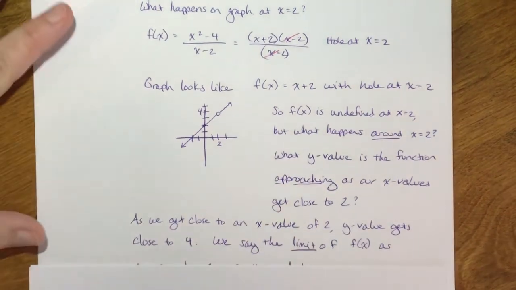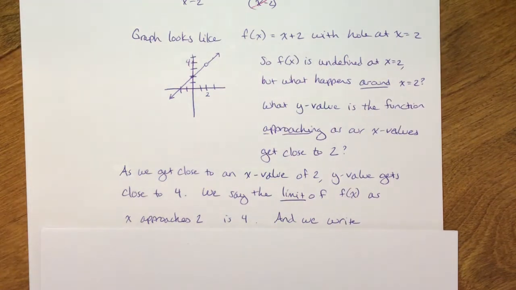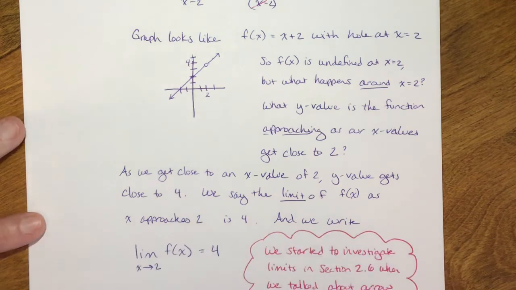So as we get very close to an x value of 2, our y value gets very close to 4. So we say that the limit of this function called f of x, as x approaches 2, is 4. So as x gets close to 2, y gets close to 4. We write it like this: the limit as x approaches 2 of f of x is equal to 4.